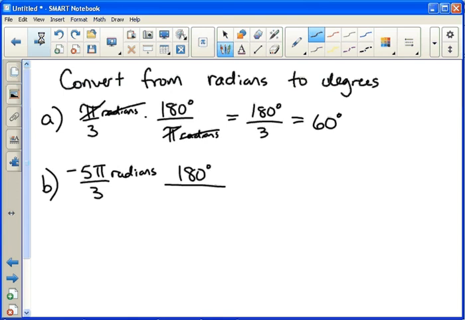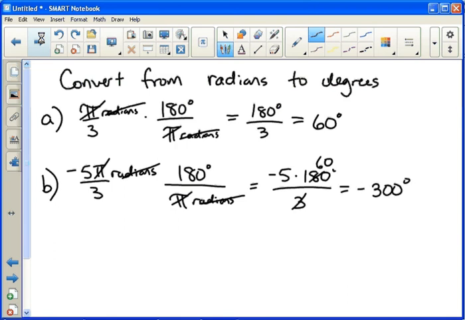Okay, so the radians cancel out, the pi's cancel out, and I get negative 5 times 180 on top, and I get 3 on the bottom. You can do this in just about any order at this point. I'm going to cancel out the 3 and make that 60. Negative 5 times 60 would be negative 300 degrees. So negative 5 pi over 3 radians is the same as negative 300 degrees.